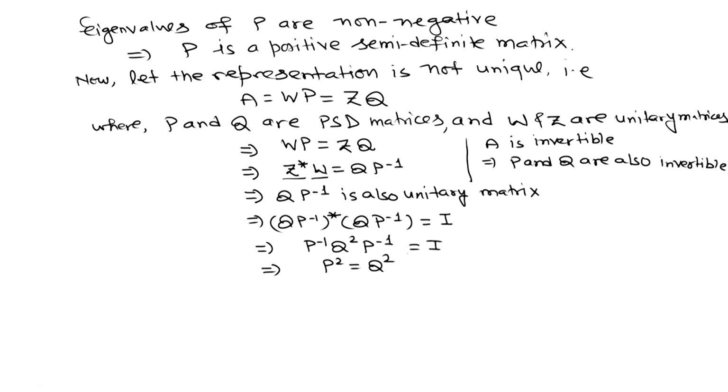Now, P and Q are positive semi definite matrices, not even semi definite, they are positive definite matrices in this case, because A is invertible.